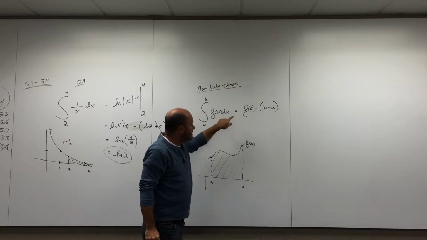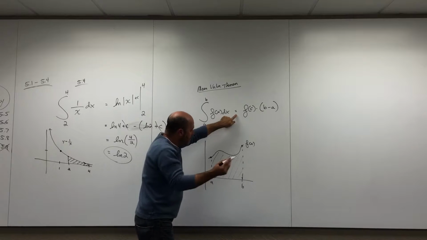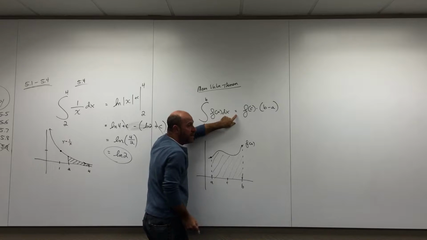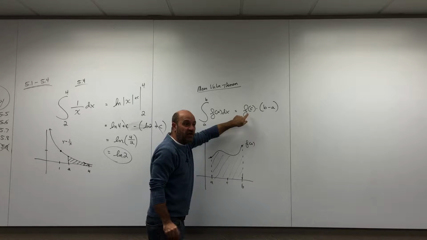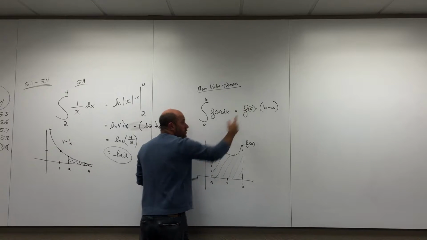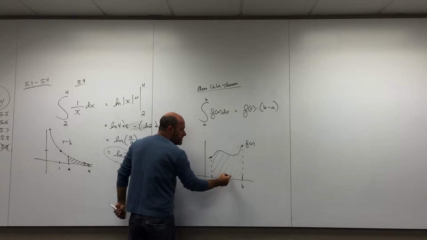Look at what they're saying it is. They're saying for some c in the interval a to b, you can plug that c into the function, which gives you a y value, which gives you a height.